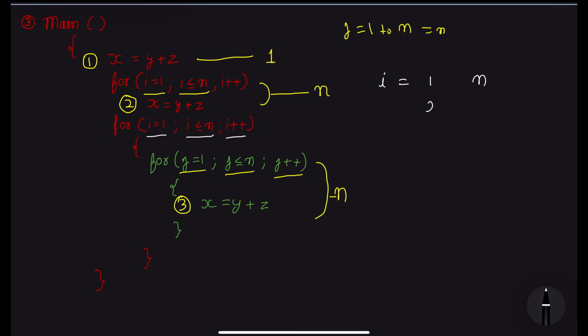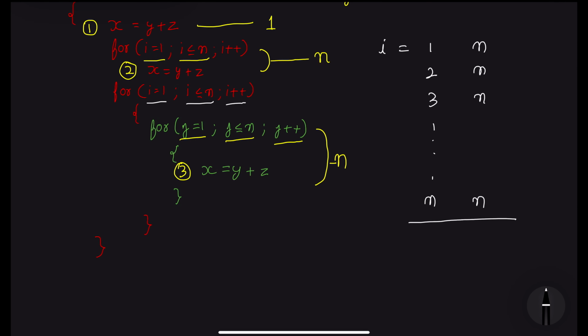After the increment, i becomes 2, and for the value of 2 the inner loop will again run n times, and when the value becomes 3, the inner loop will again run n times. At some point the value of i becomes n, and at that time also the inner loop will run n times, and when the value of i becomes n plus 1, the loop will terminate and it will not run again.